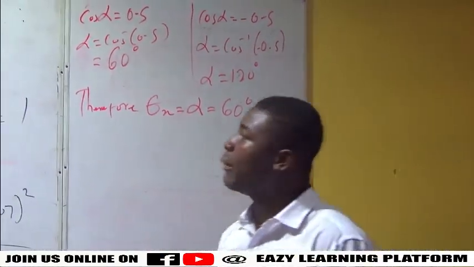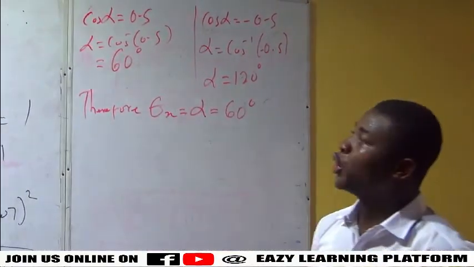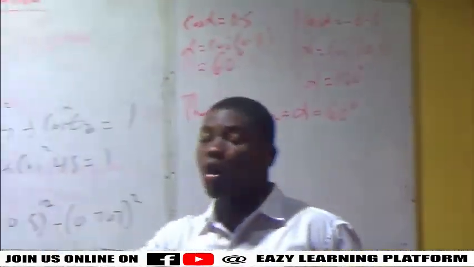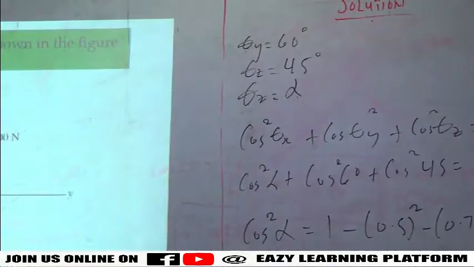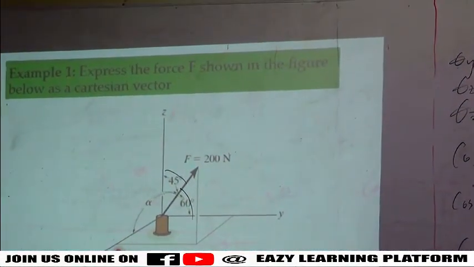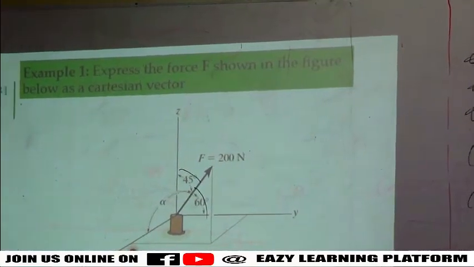But the question says that we should express the force, the 200 force, that is the magnitude, in terms of what? The Cartesian vector. So we are finding the force vector.